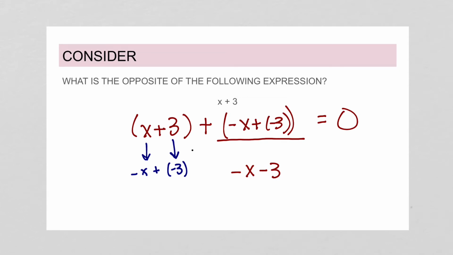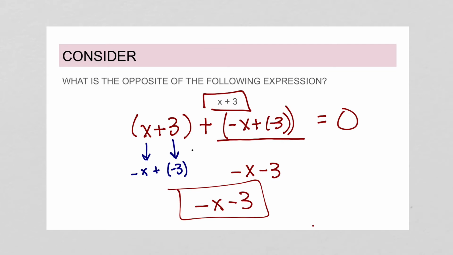So the opposite of x plus 3 would be -x minus 3, because when I add those two things together, they give me 0. Right? So do you believe me? Do we need to check that? Let's take a minute and look at that.